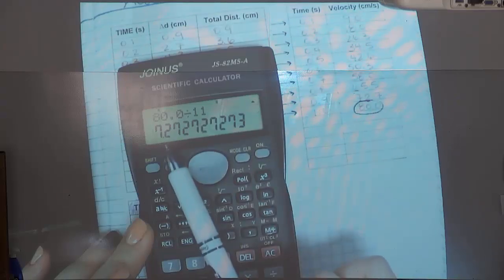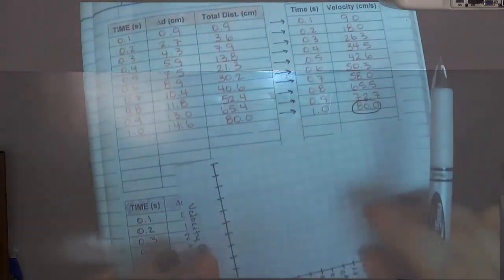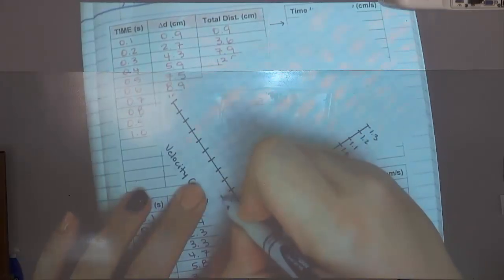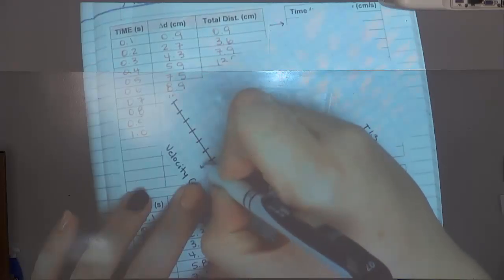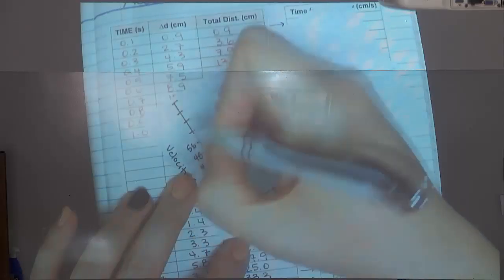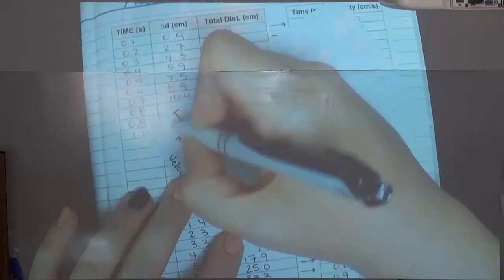So remember, we always round up when you're scaling the graph, so I'm going to round this up to 8. And on my y-axis here, I'm going to count by 8. So 8, 16, 24, 32, 40.